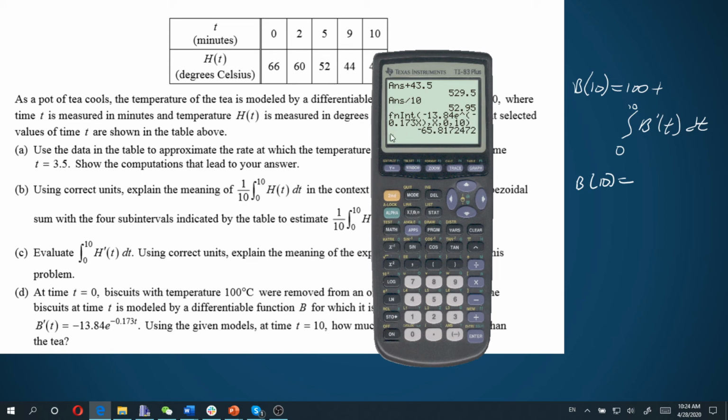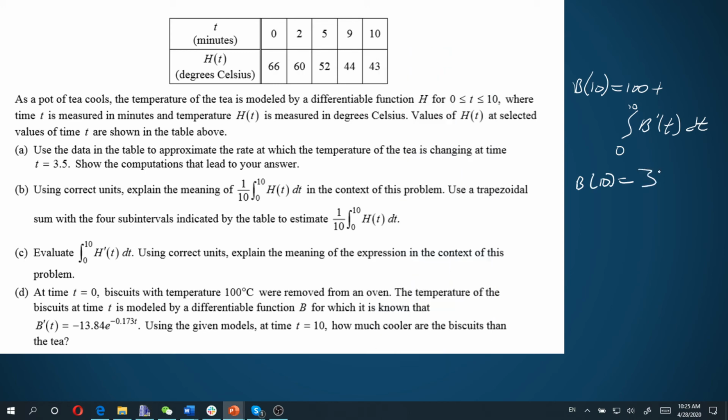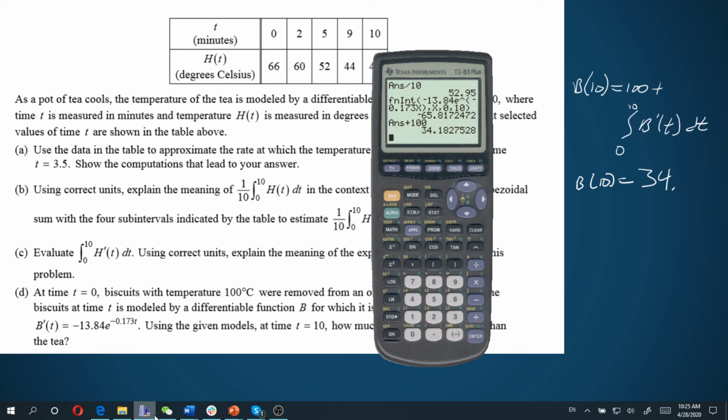That is a lot lower than what I was expecting. Oh, because we haven't added the 100. Okay, that's more reasonable. Okay, these biscuits froze in 10 minutes, but... Okay, so b at 10 is 34.182.